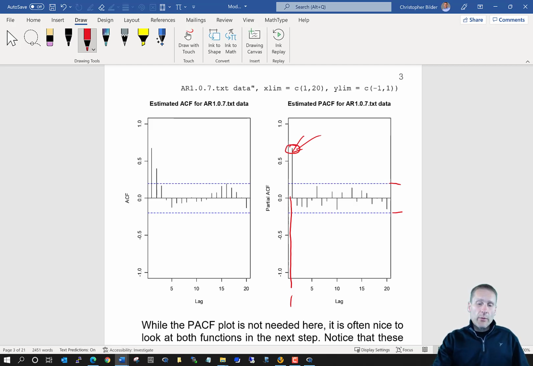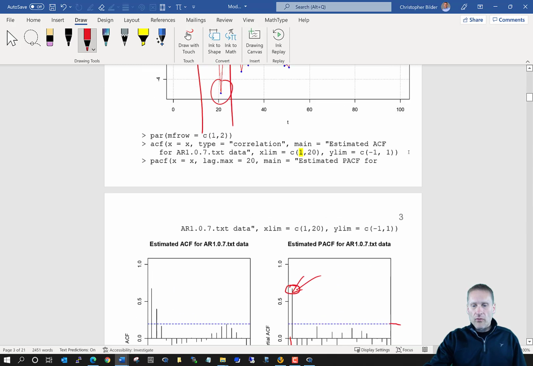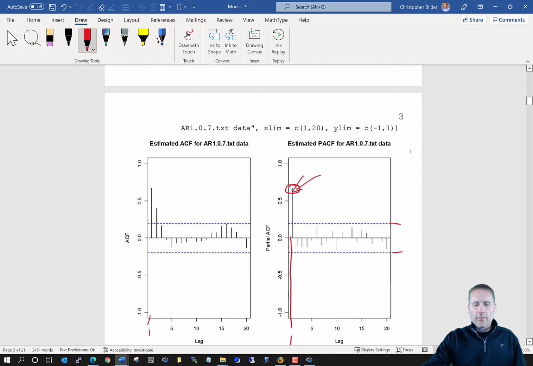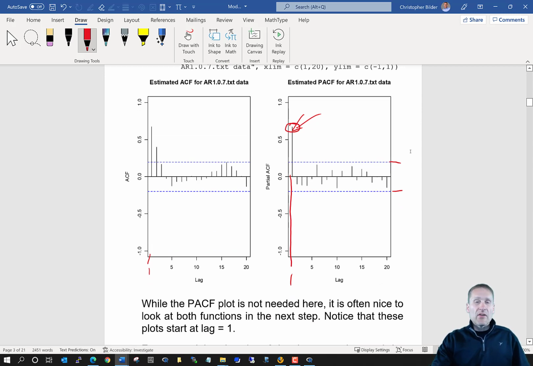Also for AR1, we would expect the autocorrelation function to tail off to 0. Now note the way that I actually drew the autocorrelation function this time is I actually started at lag 1 versus lag 0. And so what we do see here is we do have a tailing off, and it's not unusual to have this oscillating pattern through the plot like that.